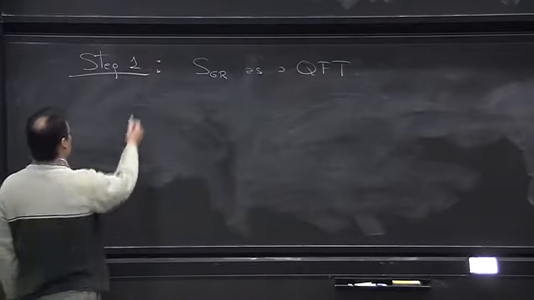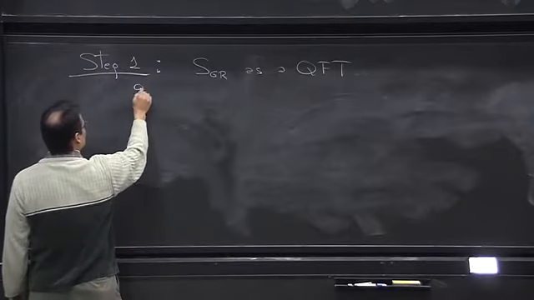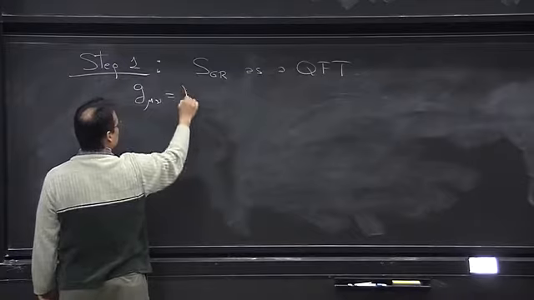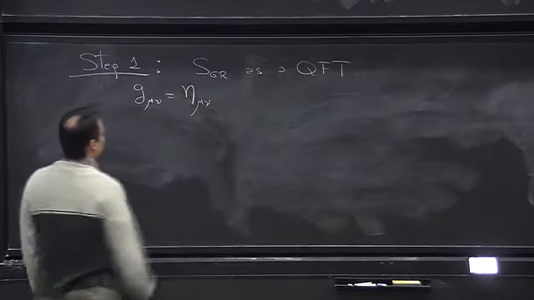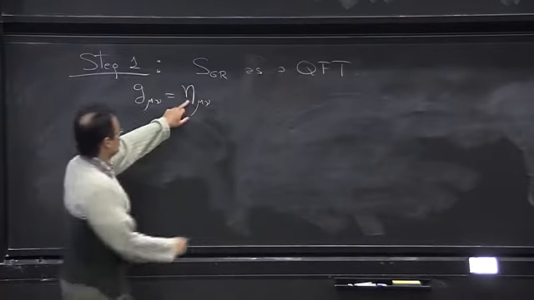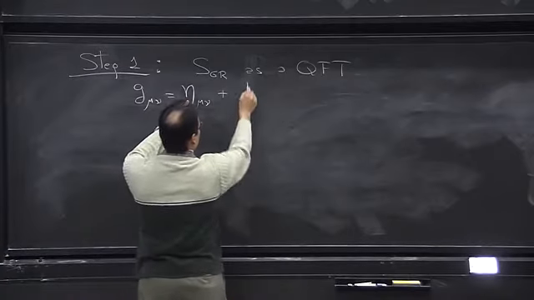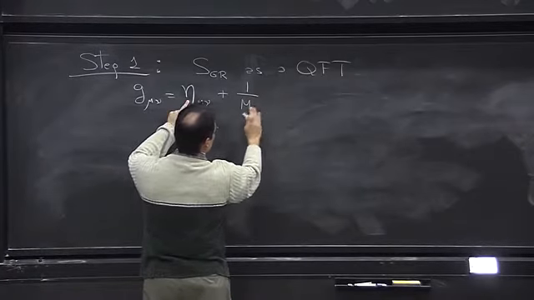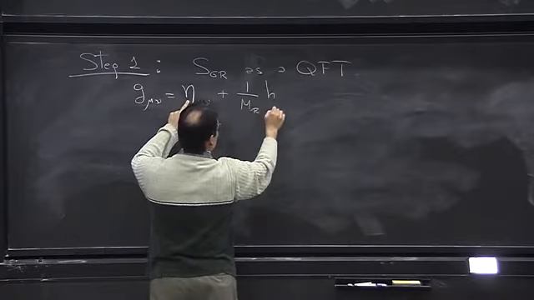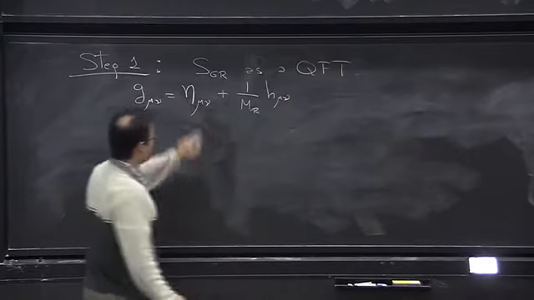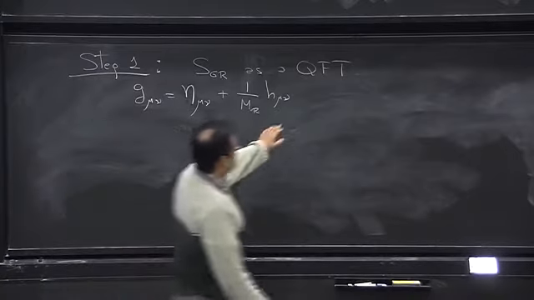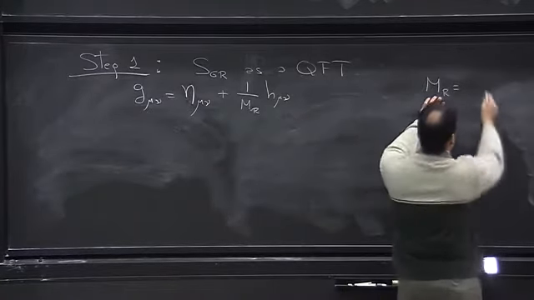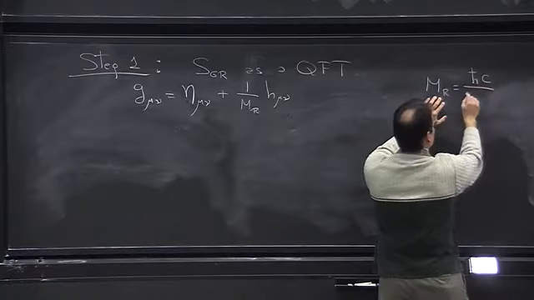Okay, so how do you do that? Well, the first step is to expand around flat space-time. So you take the metric to be the Minkowski metric plus a fluctuation, with a factor of 1 over M_R, where this M_R is what is called the reduced Planck mass.